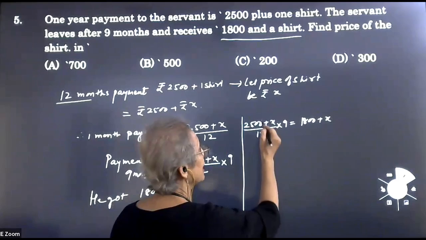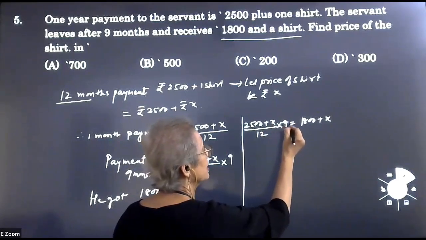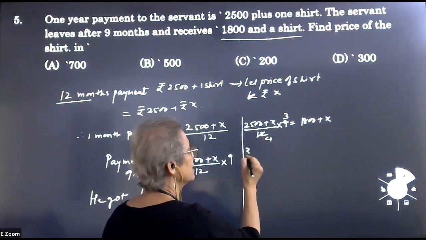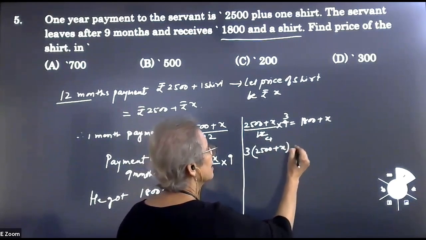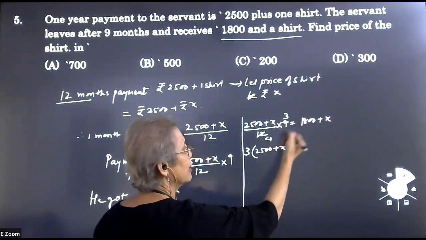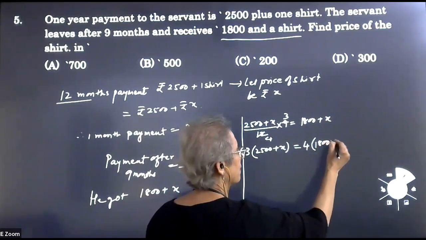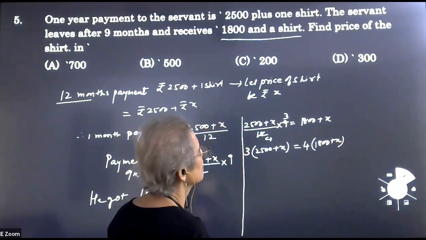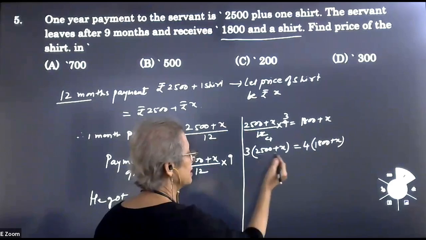But for that, here we cannot do any cancellation. We can cancel this 9 and 12. So 3 3s are 9, 3 4s are 12. And therefore, now our equation is 3 into bracket 2500 plus X equal to, this 4 is to be taken on that side and multiplied there. So let us multiply this.